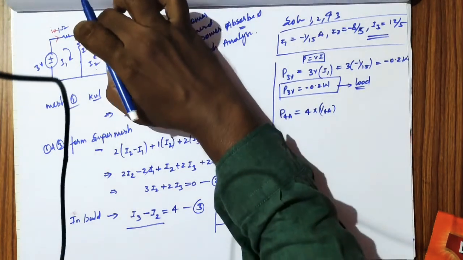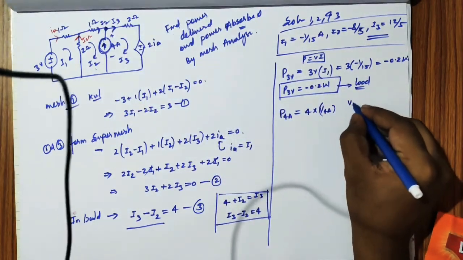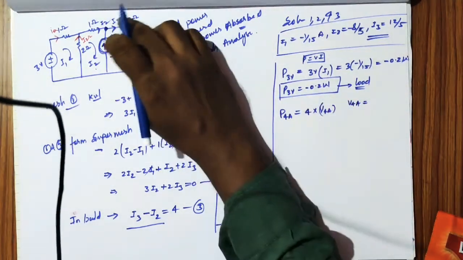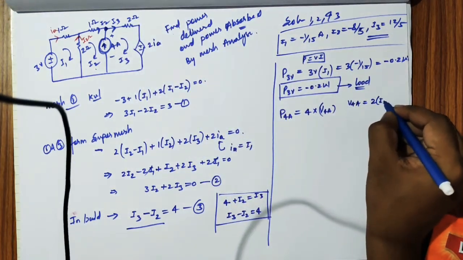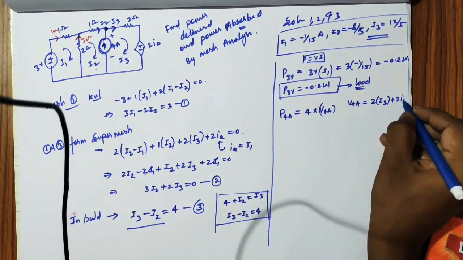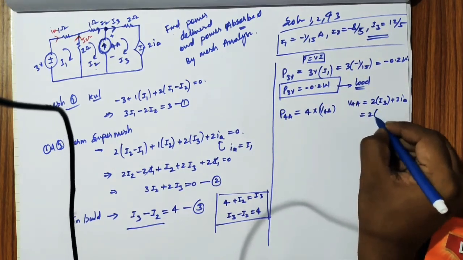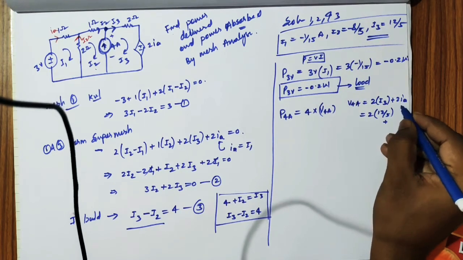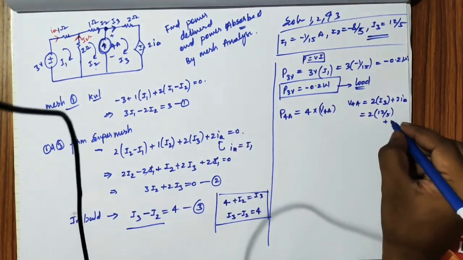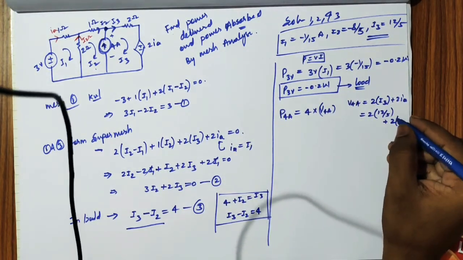So the voltage across this branch, V 4 amps, is the voltage between 2 amps and 3 amps. That is 2 into I3 plus 2 IA. So 2 into I3 means 12 by 5, plus 2 IA, where IA equals 1. So what is the value of IA?